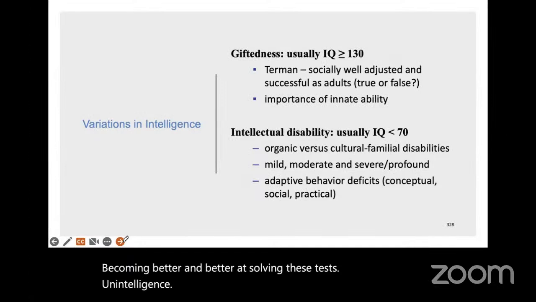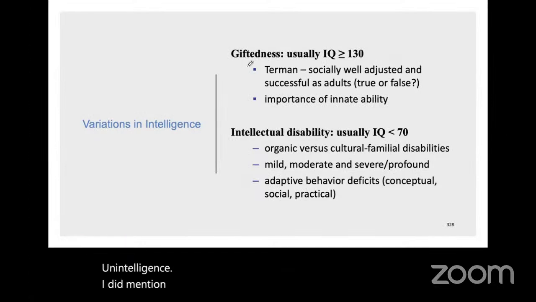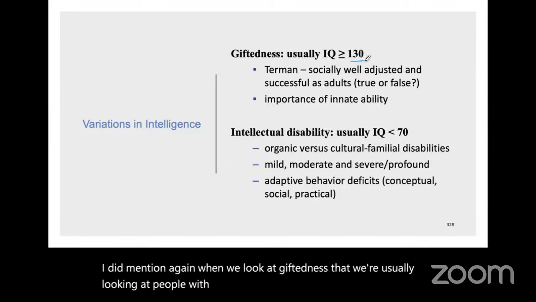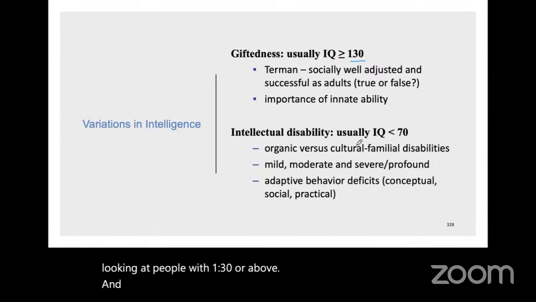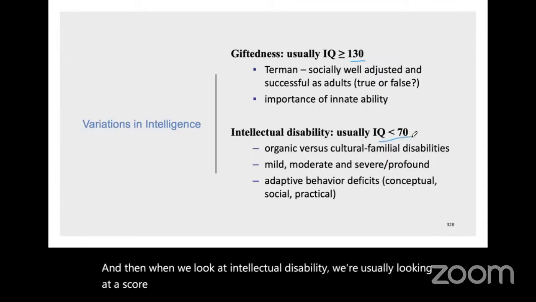Now, I did mention, again, when we look at giftedness, that we're usually looking at people with 130 or above. And when we look at intellectual disability, we're usually looking at a score of 70 or below.